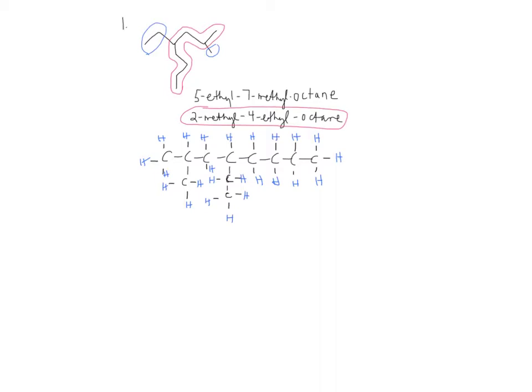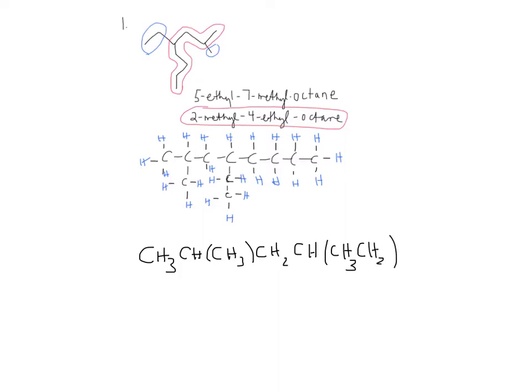So you'd say CH3, CH, and then you want to put the methyl group in parentheses. 3rd carbon is CH2, 4th carbon is CH, and then the ethyl group is in there, or attached.